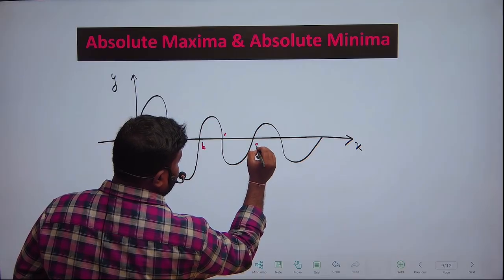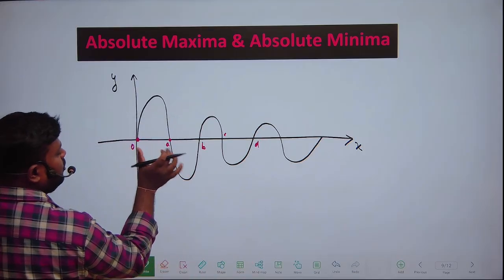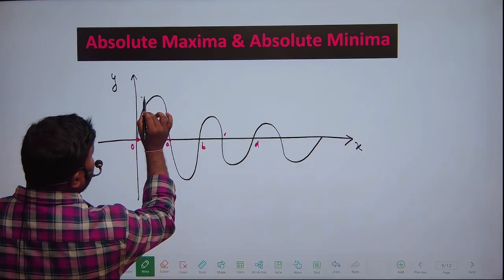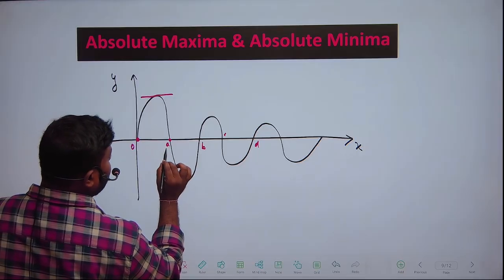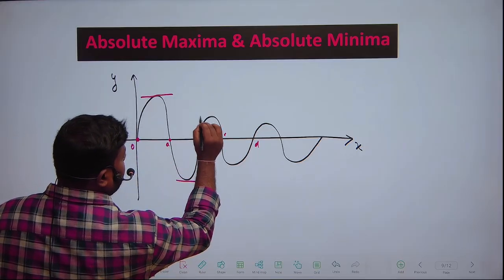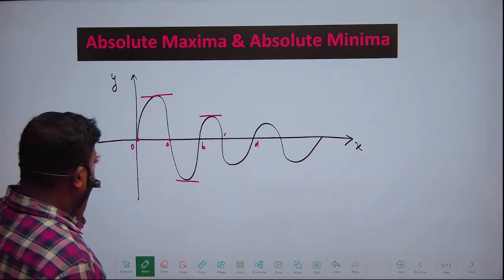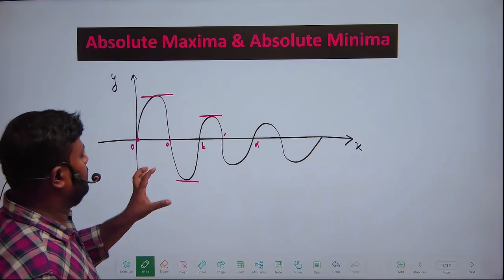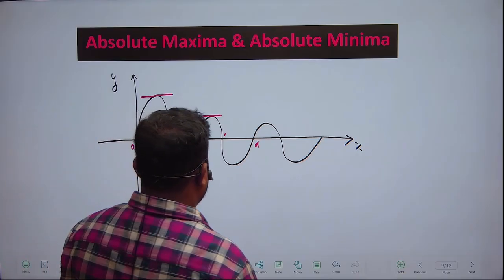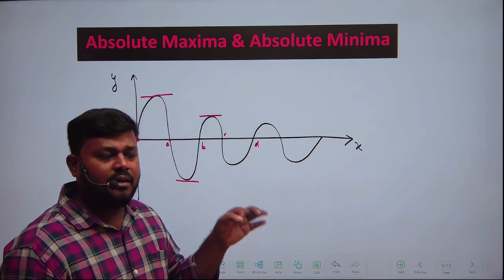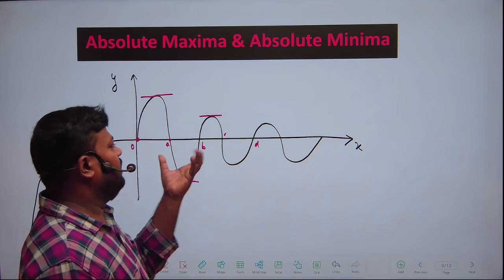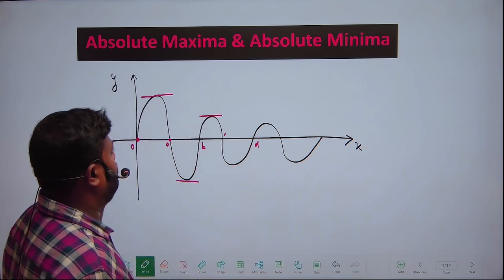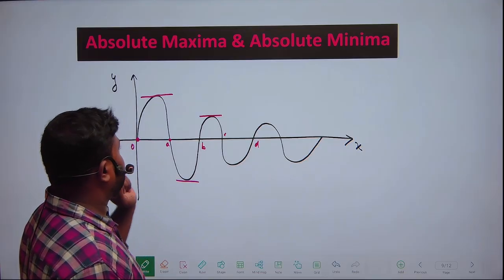If you look between 0 and a, whatever the maximum value, here is the maximum value. When you look between a to b, here is the value, here is the value. It means what's the maximum value in between some intervals, like in any specific area.